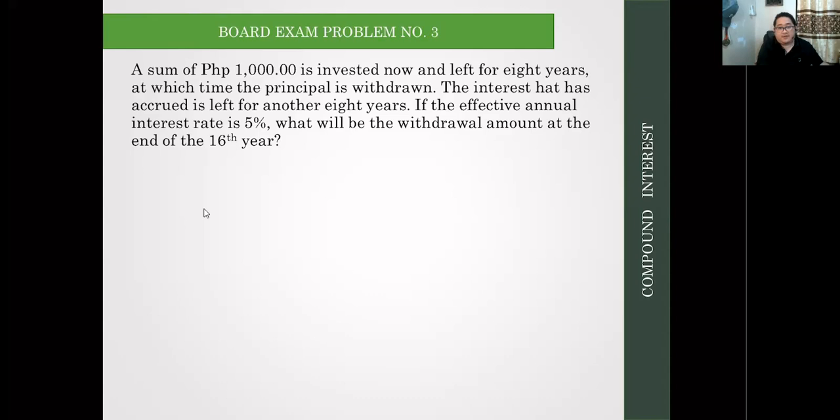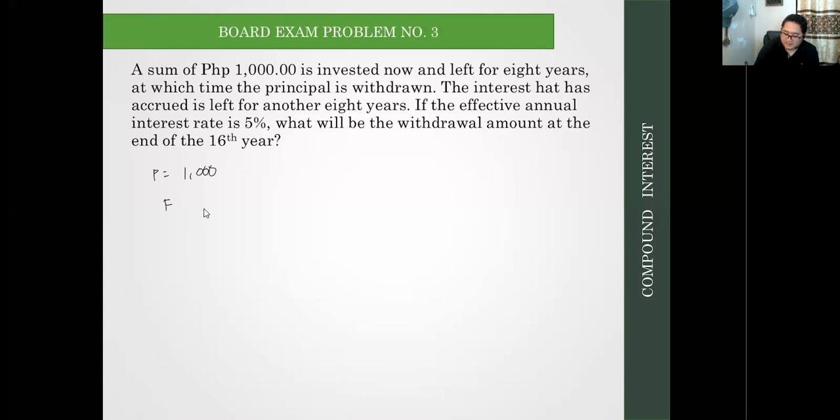So if the effective annual interest rate is 5%, what will be the withdrawal amount at the end of 16th year? Okay? So principal amount natin is 1,000 for 8 years. Okay? Tingnan natin yung future value niya at 8 years.